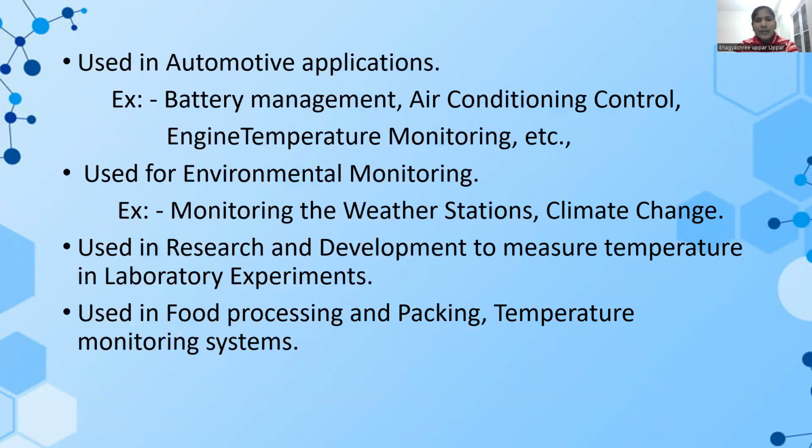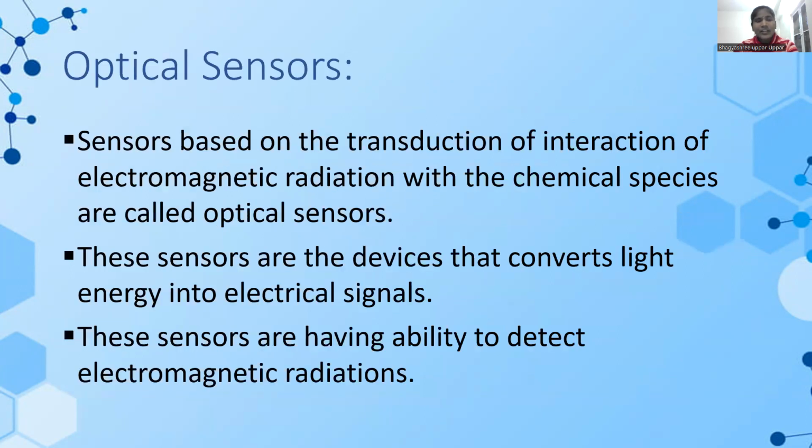Used in automotive applications, for example battery management, air conditioning control, engine temperature monitoring. Used for environmental monitoring, for example monitoring weather stations, climate change. Used in research and development to measure temperature in laboratory experiments. Used in food processing and packaging temperature monitoring systems.